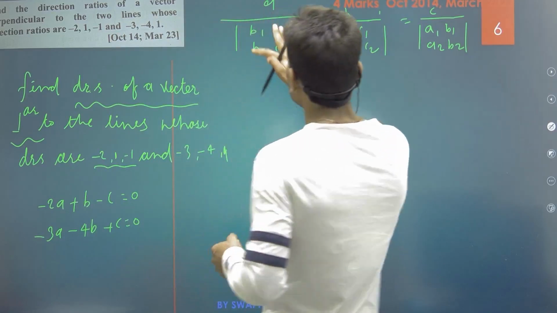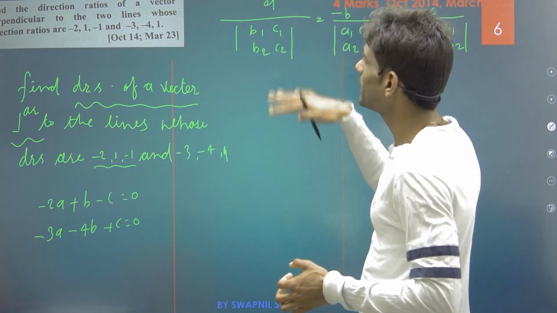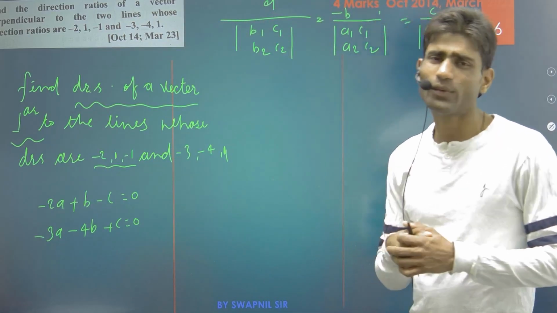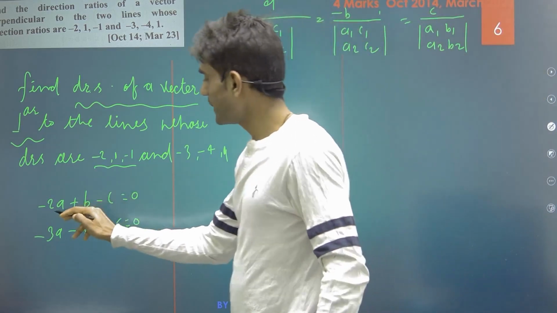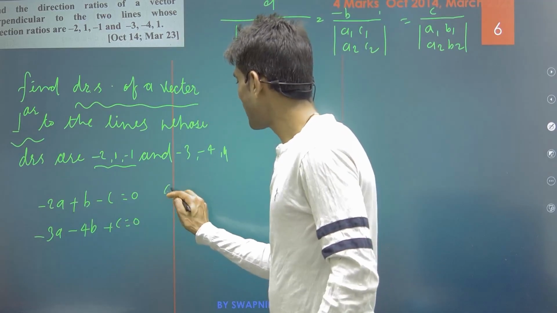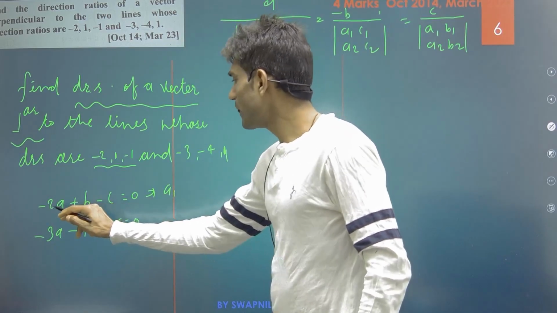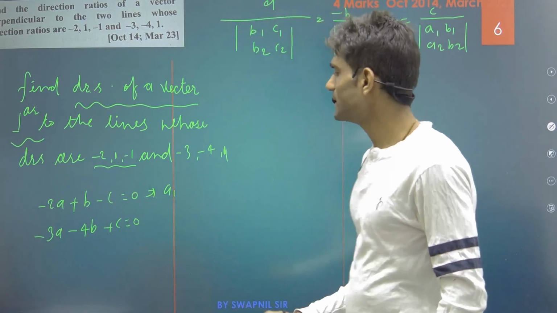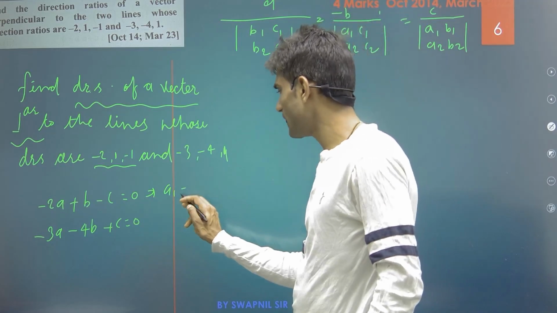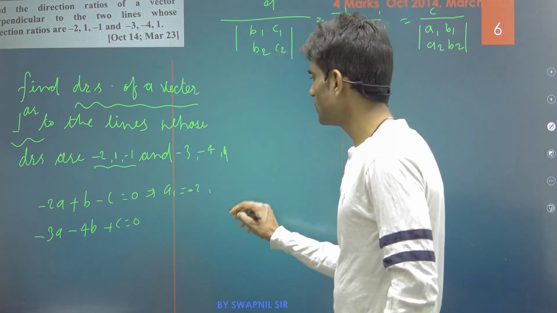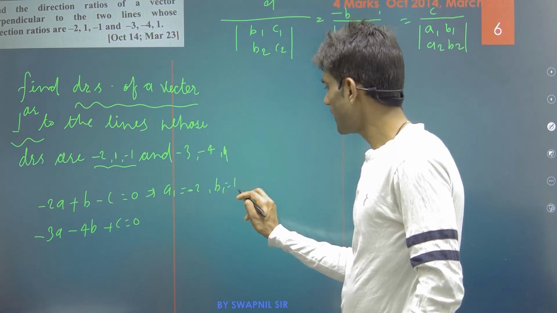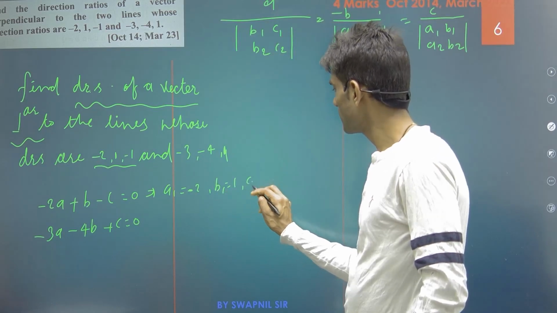We don't have the values for A, B, C, so we will keep them as they are, because these are our required direction ratios. First we consider A1A plus B1B plus C1C equal to 0, with A1 as -2, B1 as 1 and C1 as -1.